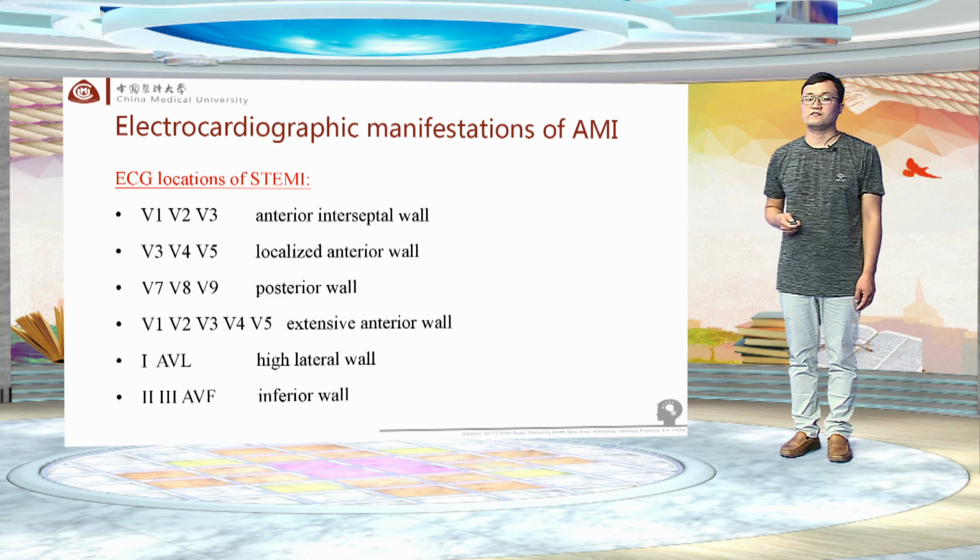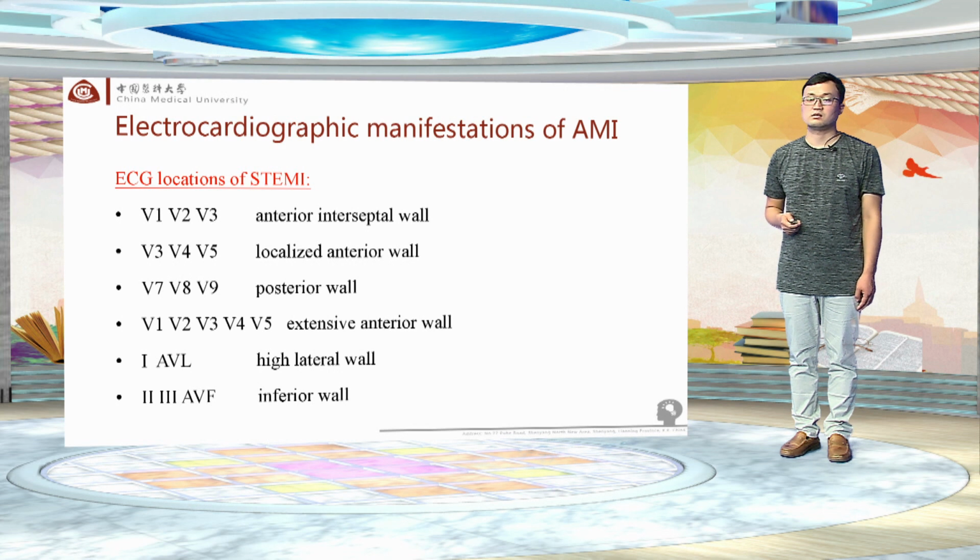And this slide is very important. It shows the ECG location diagnosis of ST elevated myocardial infarction. From V1 to V3, it means anteroseptal wall infarction. From V1 to V5 or even V6, it means extensive anterior wall infarction.